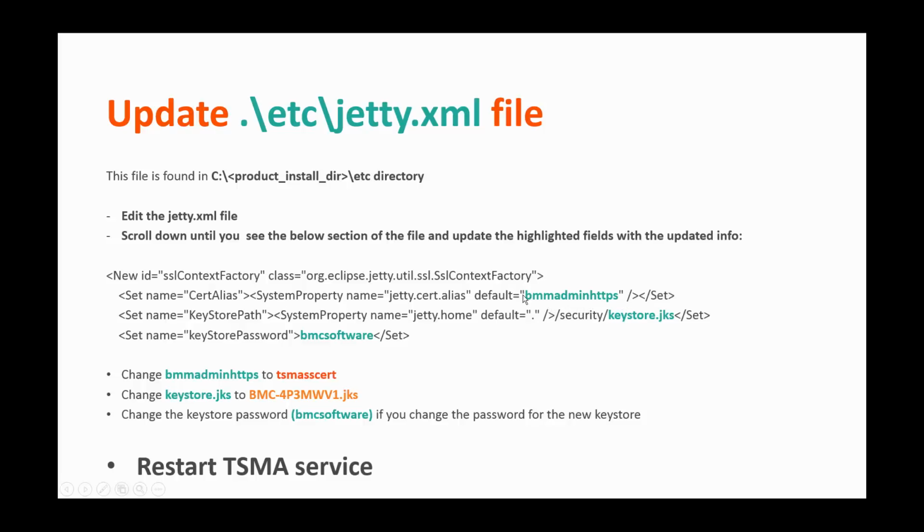Now, in our previous example, we were going to create a new cert called TSMASSCERT, so we would change it to TSMASSCERT. Then we will also create our own key store. So we're going to replace the default key store with this file, and we also put it in the respective directory. In this case, it's in the subdirectory security of our install. So we would put this in that directory.